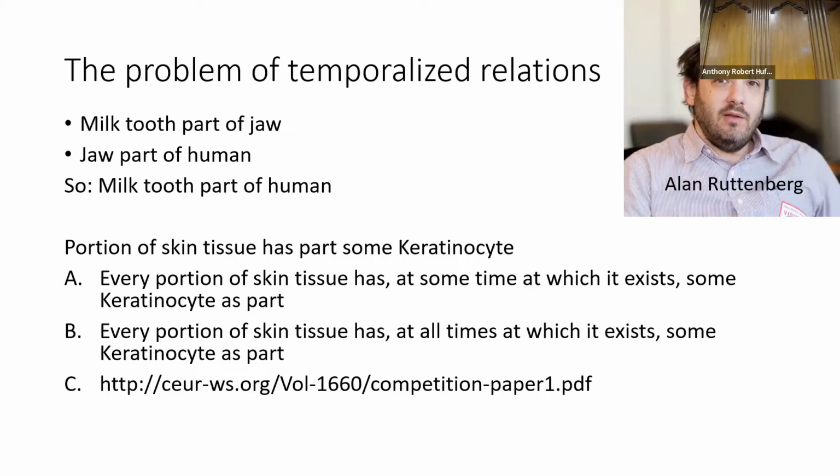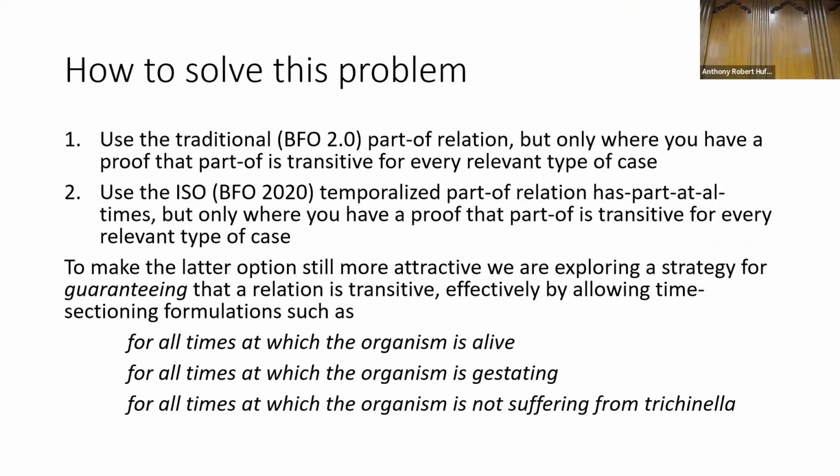But with the goal of logical stringency, we should find a way of solving this problem, and Alan found a way of solving this problem. And that's what the temporalized relations are all about.